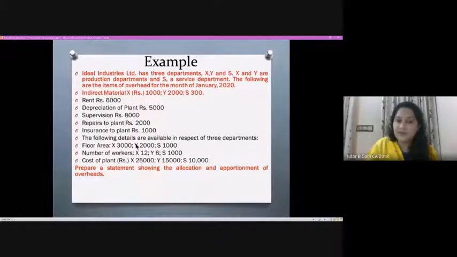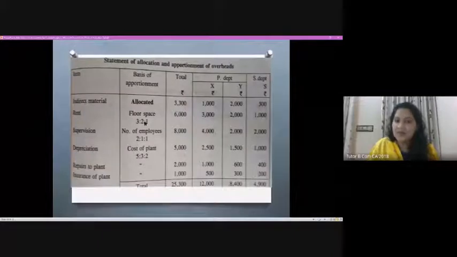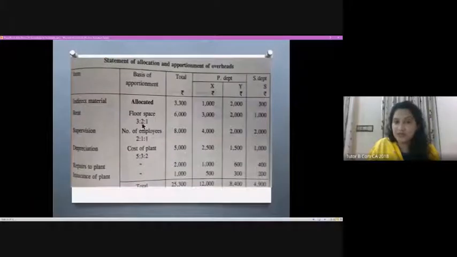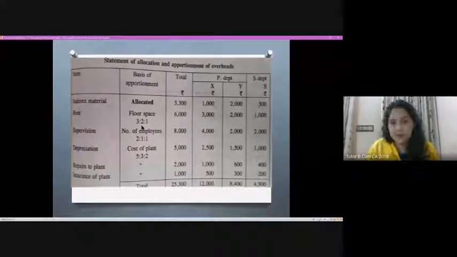So in order to simplify our calculation, we put the ratio as 3:2:1, because the floor area was 3000, 2000 and 1000. So we established a ratio from that. That is 3:2:1. We have learned, right? That is just mathematics in that. So we have 3:2:1 and we have the total expense of 6000.